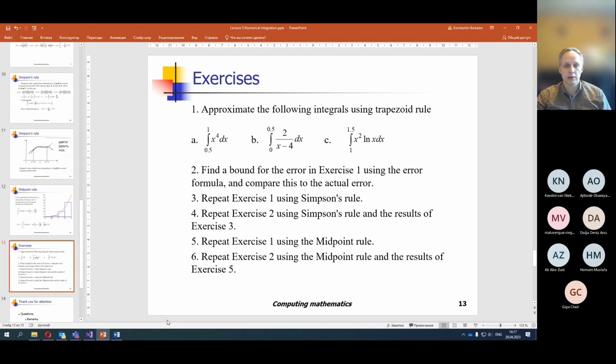This is a home task. The topic of the next lesson will be curve fitting. We consider how we can approximate the unknown function using a polynomial, but we will use not an interpolating polynomial, but a so-called least squares polynomial.